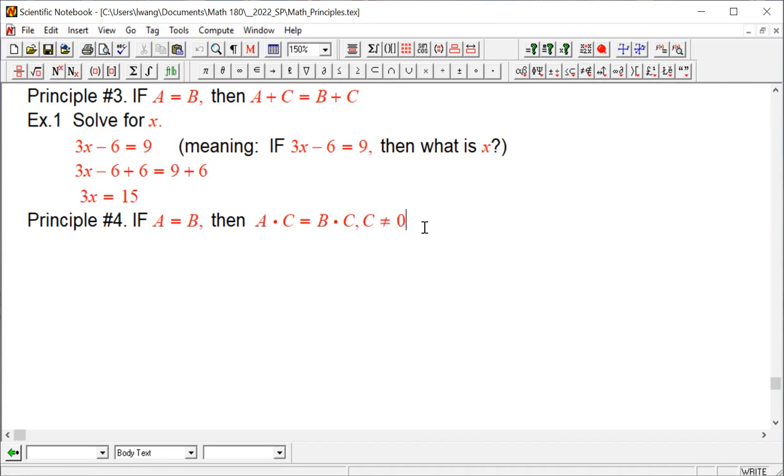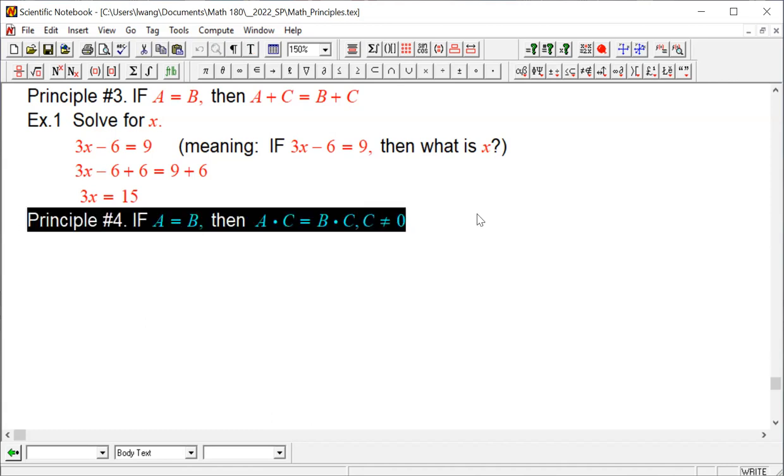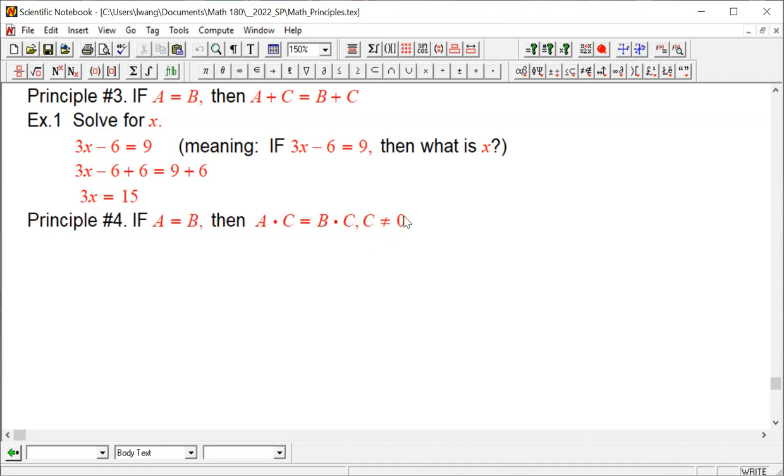C cannot be 0. So this whole of it is principle number 4. We're going to explain the importance that C cannot be 0 in a minute.